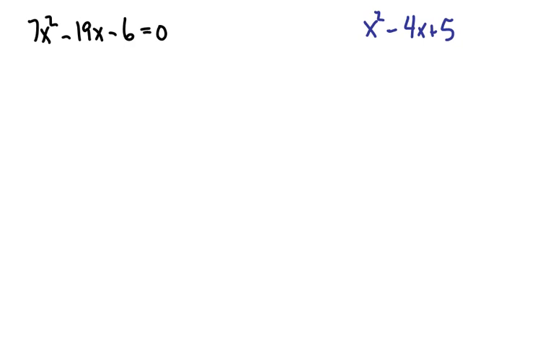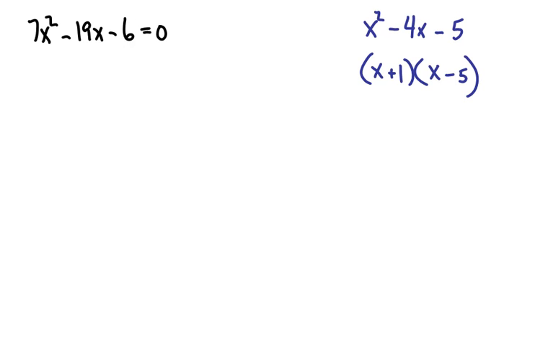We'd be looking for two numbers that multiply to give you negative 5, but add to give you negative 4. And in this case, those numbers would be positive 1 and negative 5. They multiply to give you negative 5, but they add to give you negative 4. And we would finish up the factoring like that, x plus 1 times x minus 5.